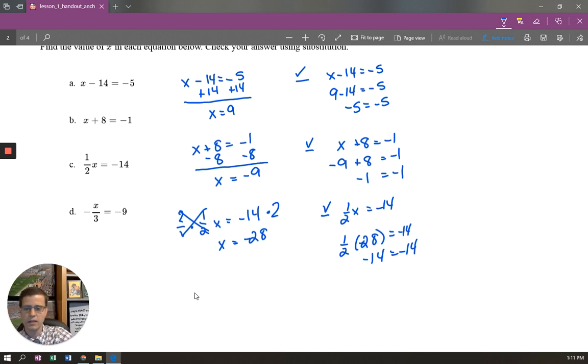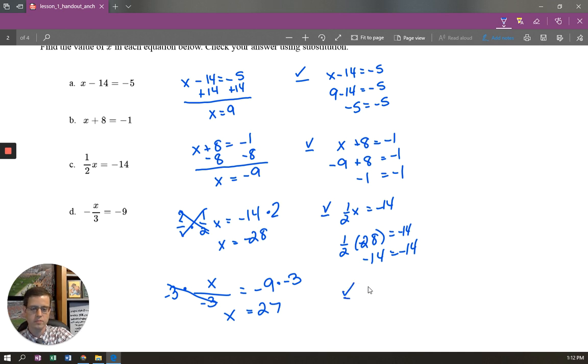And lastly, in D, I'm going to put the negative on the bottom to help us out here. X divided by negative 3 equals negative 9. Well, the opposite of division is multiplication. So if I multiply by that negative 3 on both sides of the equation, we end up with this canceling out, and x equals a positive 27.